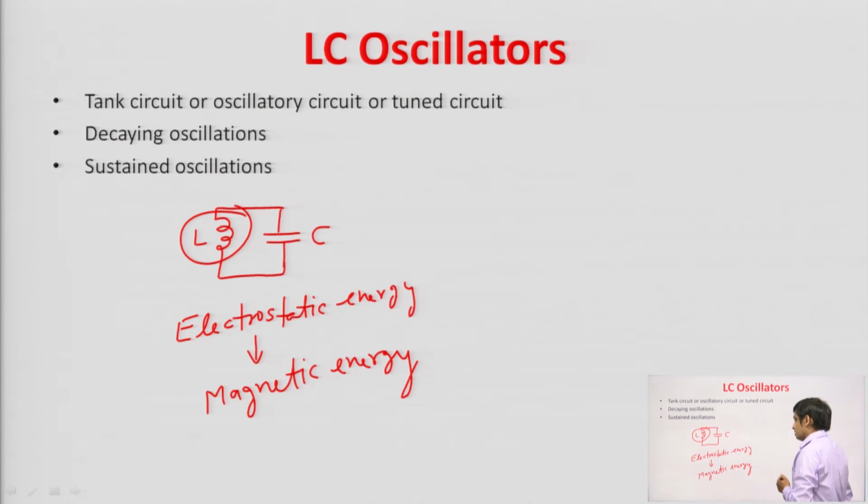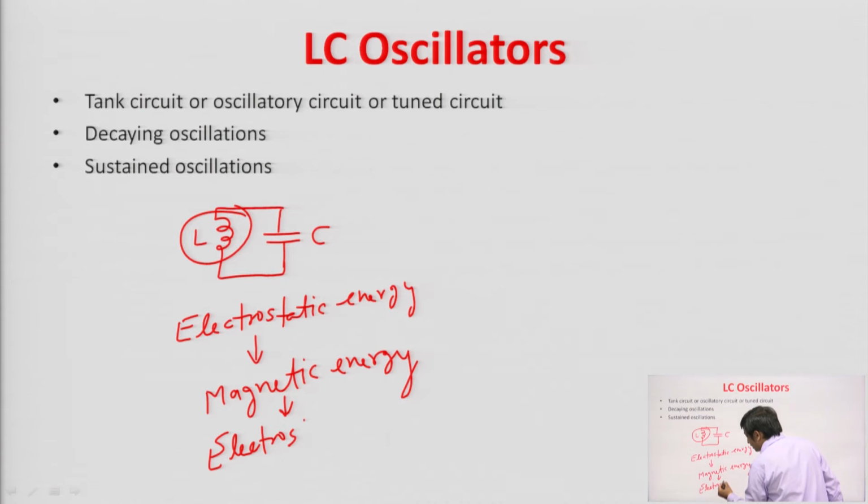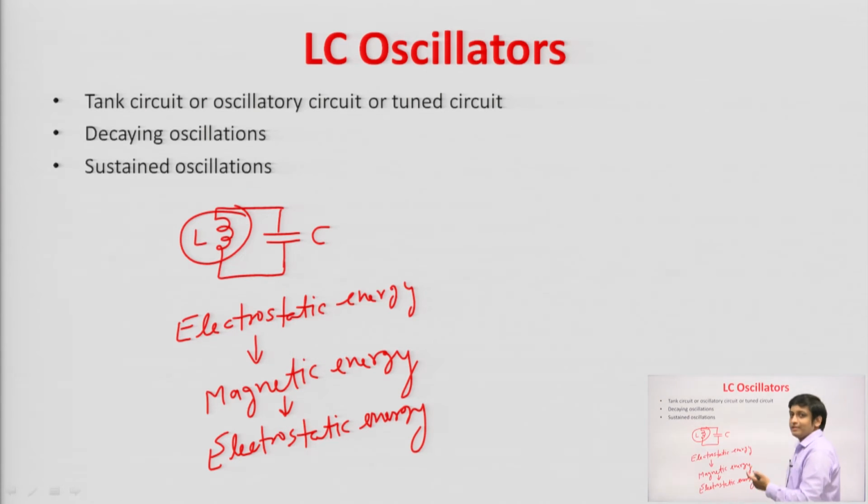Again, this magnetic energy will be converted into electrostatic energy, meaning this capacitor C starts charging. Firstly, this capacitor C is charged, then it is discharged, then again it is charged, but with opposite polarity.